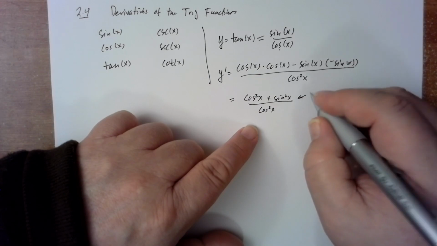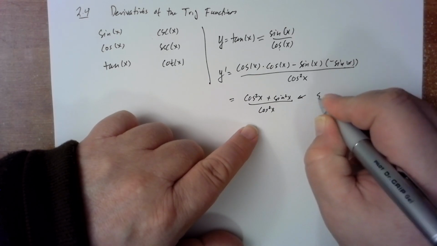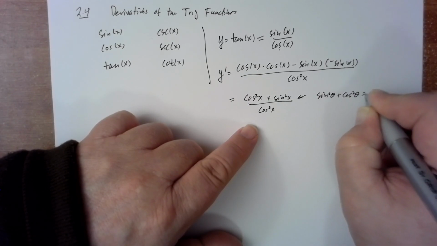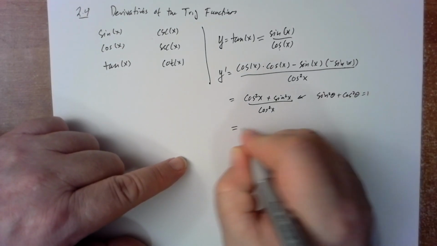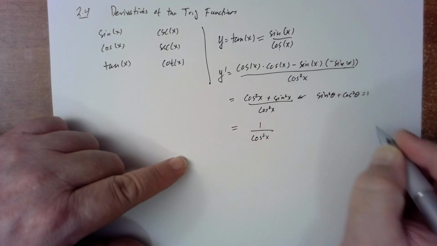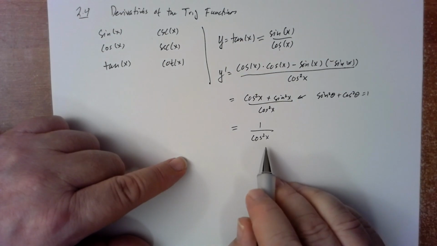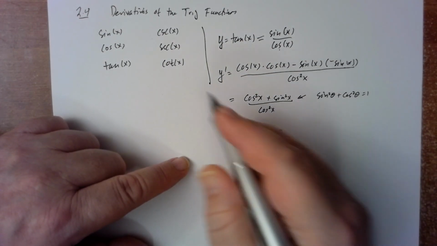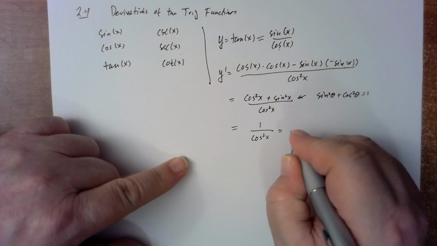I'm calling it the Pythagorean identity, and that is that sine squared of theta plus cosine squared theta equals 1. Good. So you can replace the numerator by a 1, and then we have over cosine squared x. Now normally we're not going to be calling this 1 over cosine squared. Normally we're going to be calling it the secant squared.